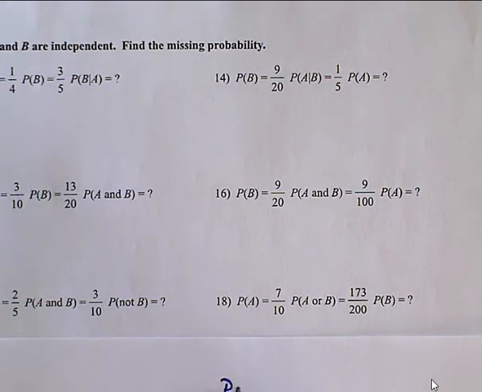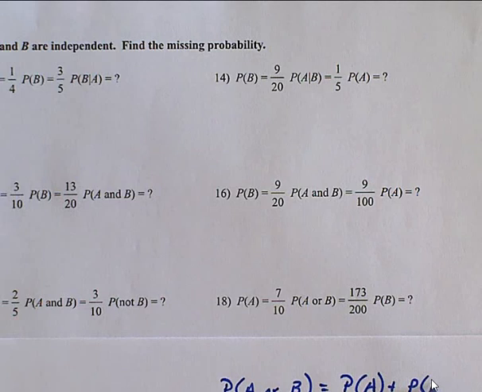The probability of A or B equals the probability of A plus the probability of B. And since these are independent events, there's nothing to subtract off. So all you're going to do is you're trying to find, well, you're given this, given the OR. This is 7 over 10. And you're trying to find B.